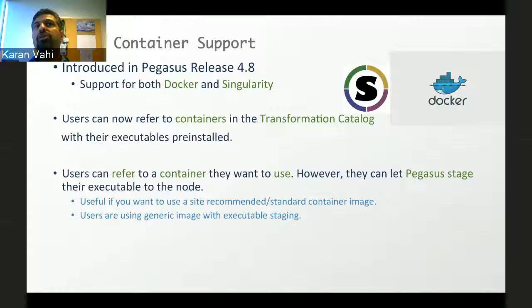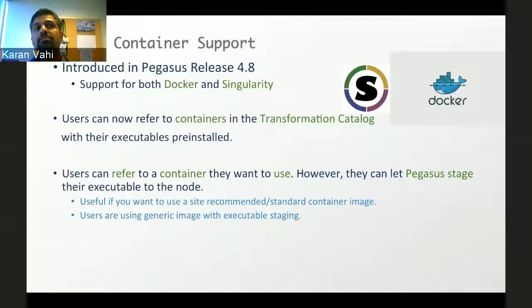Users now can refer to containers in the Transformation Catalog with their executables pre-installed. So you can tell Pegasus that I have an application container which has all my executables pre-installed, and use that container for running the workflows. Or users can also refer to a container that they want to use, and let Pegasus stage their executable to the node.